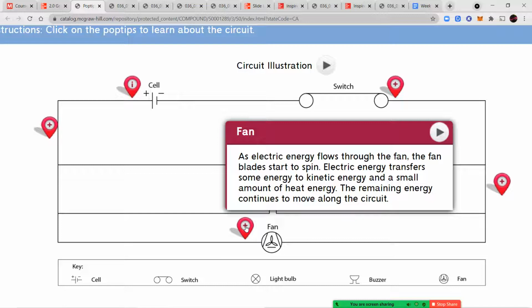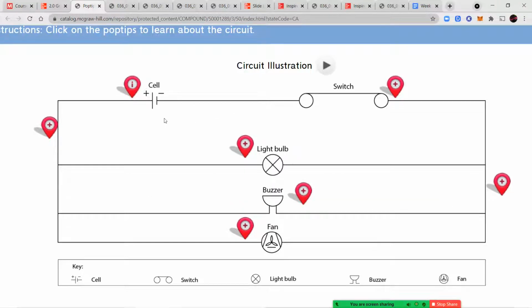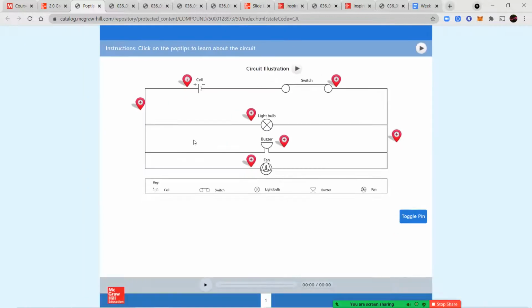So a fan is connected to the circuit. As electric energy flows through, the fan blades will start to spin. Electric energy transfers some energy to kinetic energy and a small amount of heat energy. The remaining energy continues to move along the circuit. So as energy is flowing through these, it's going to continue to power these different devices.